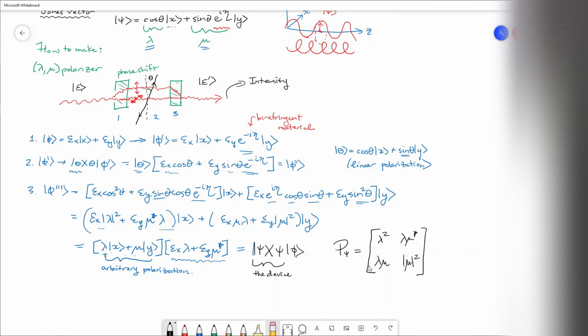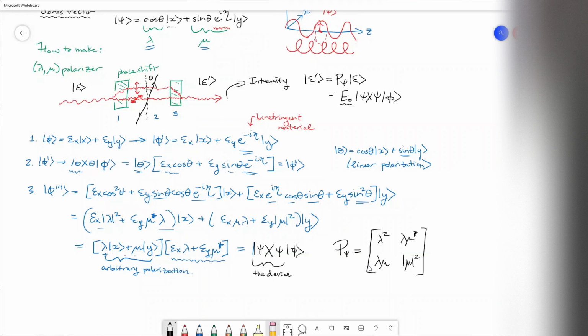Then E prime is just going to be this projector P psi acting on E. If we restore the overall amplitude of the electric field, E0, then we get psi psi acting on our initial vector, which is phi.